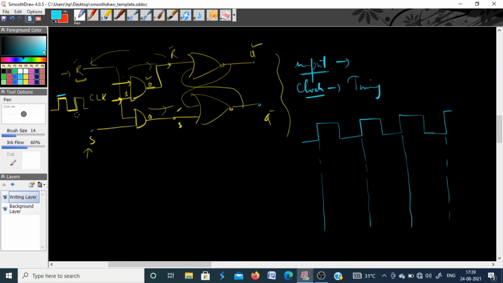And I take some arbitrary or random input. So you take some input which is this. So what should be the output?